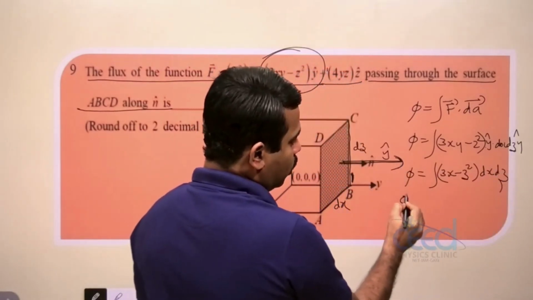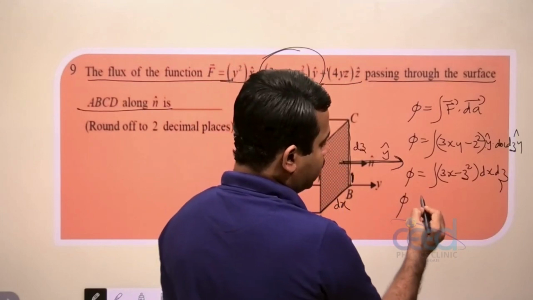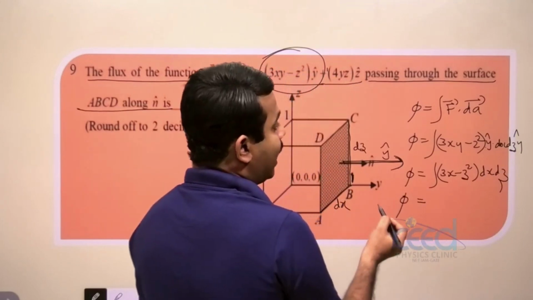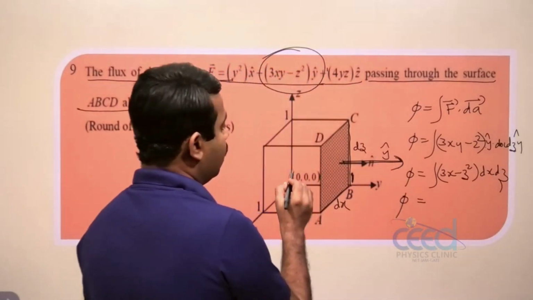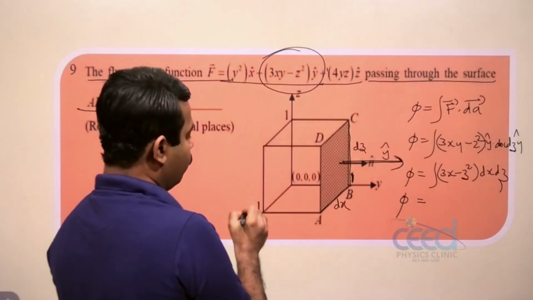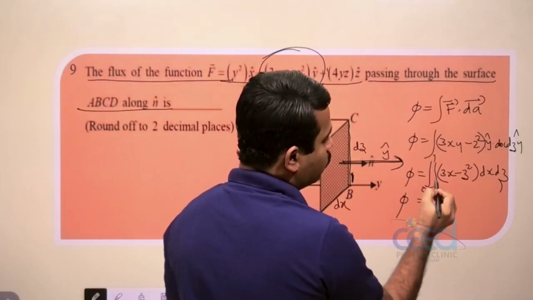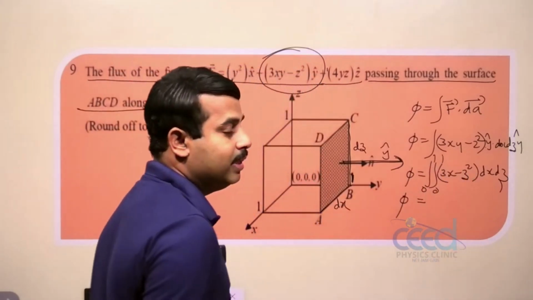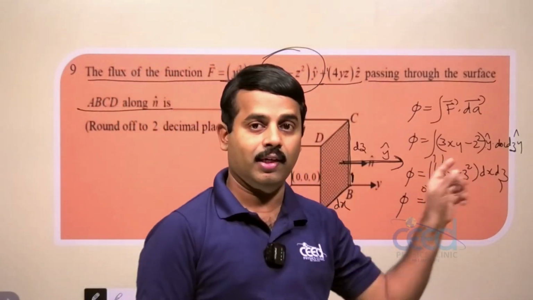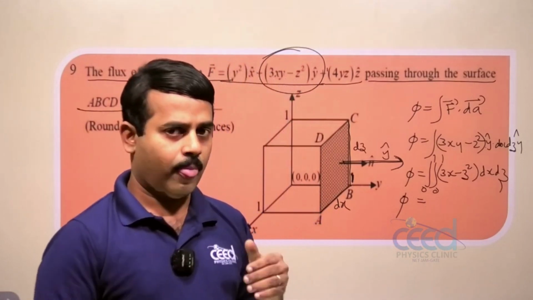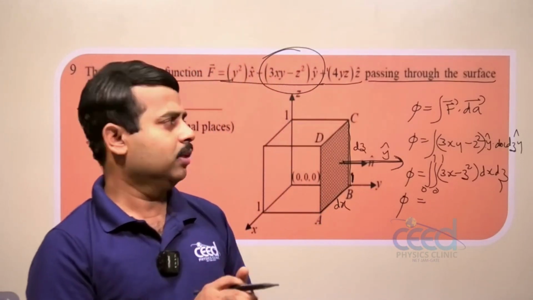First you integrate with respect to x. This is a surface integral. Cube sides are all varying from 0 to 1, so double integral 0 to 1, 0 to 1, because x and z are the variables, dx dz. What is the maximum value of z?